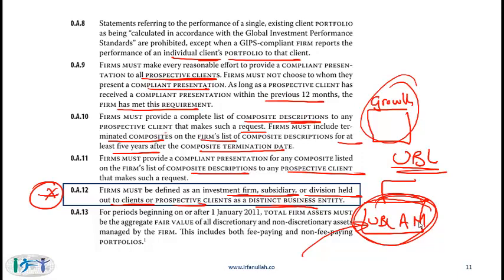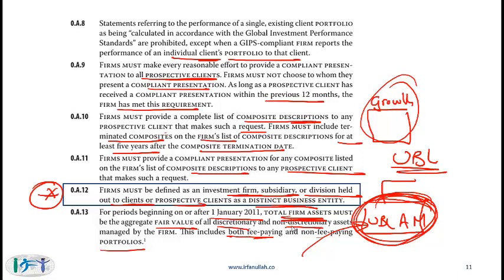For periods beginning on or after 1st January 2011, total firm assets must be the aggregate fair value of all discretionary and non-discretionary assets managed by the firm. This includes both fee-paying and non-fee-paying portfolios. Just to avoid confusion, if a firm is reporting its total assets, it can include all discretionary and non-discretionary assets.